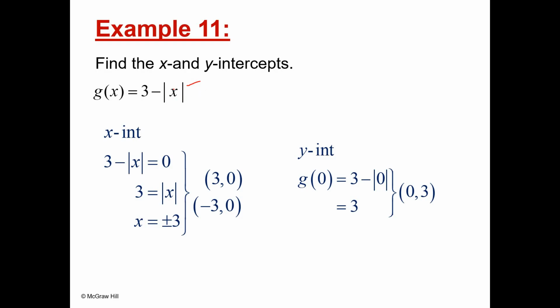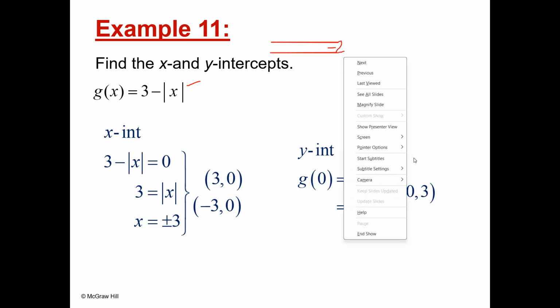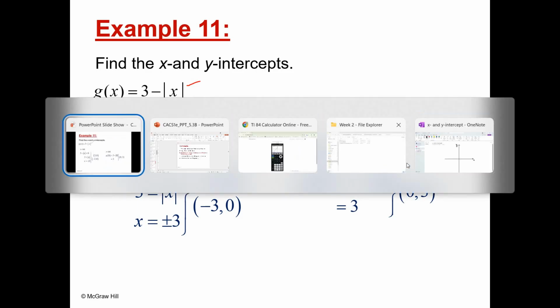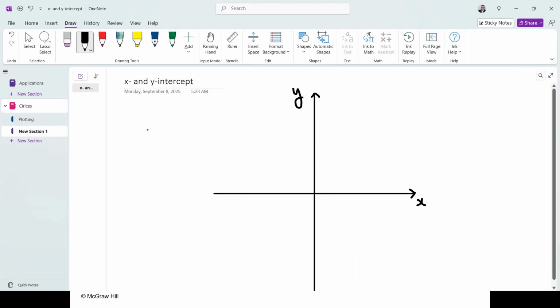For example, the absolute value of minus 3, as you can see, this is a negative number. This will give you positive 3.